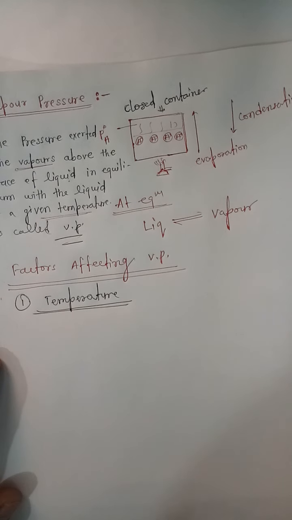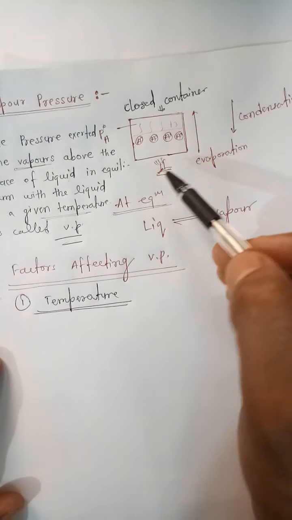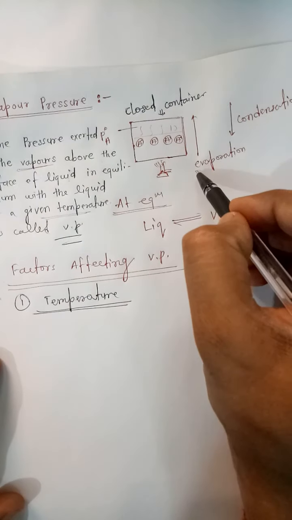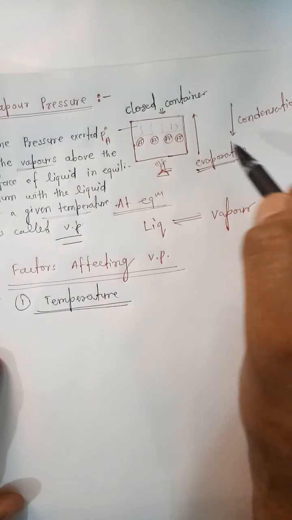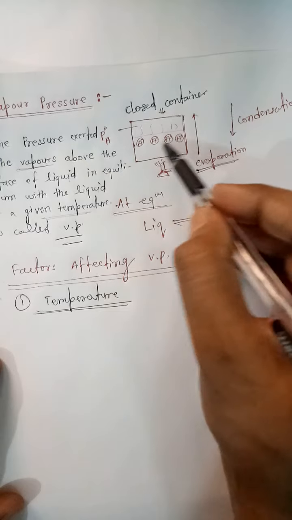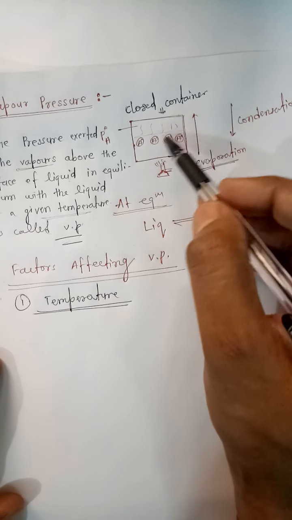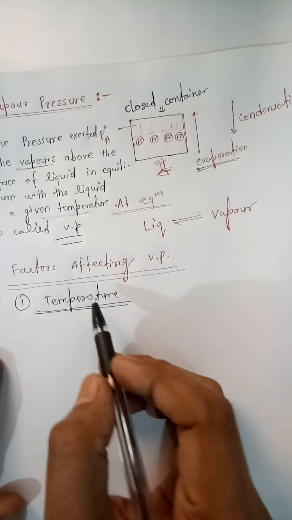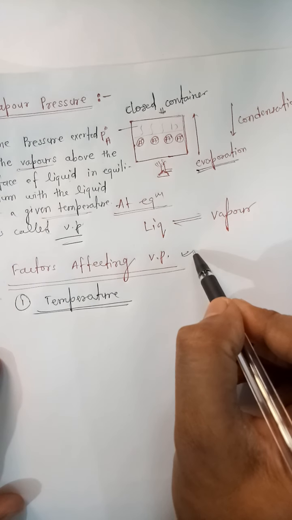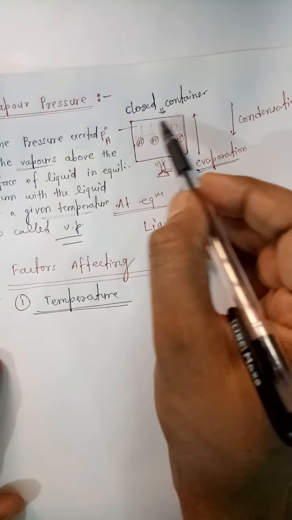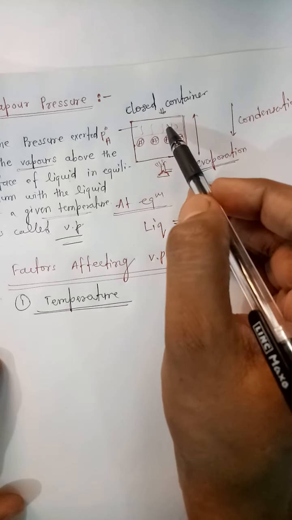On increasing the temperature, the evaporation will take place at a higher rate, because in that case the molecules of liquid will gain energy. That means the kinetic energy will increase, and the vapor pressure of the liquid will be higher, because the vapor pressure depends upon the number of molecules in the vapor.